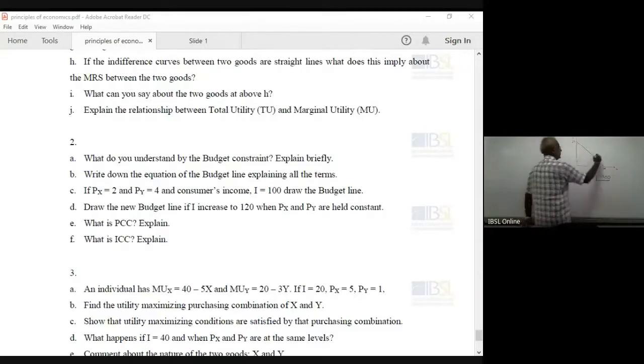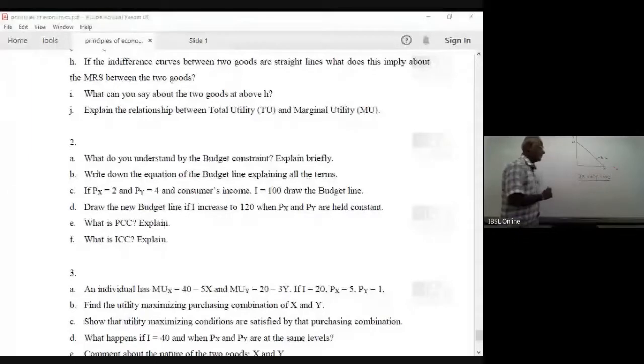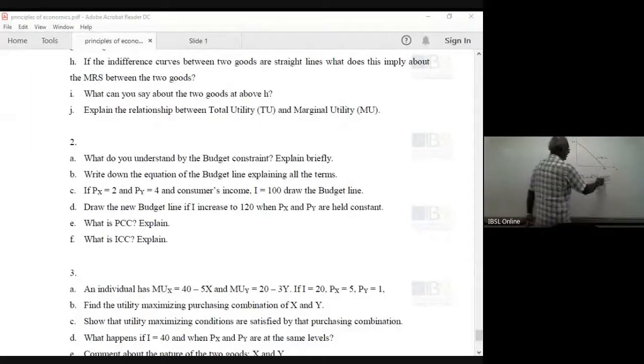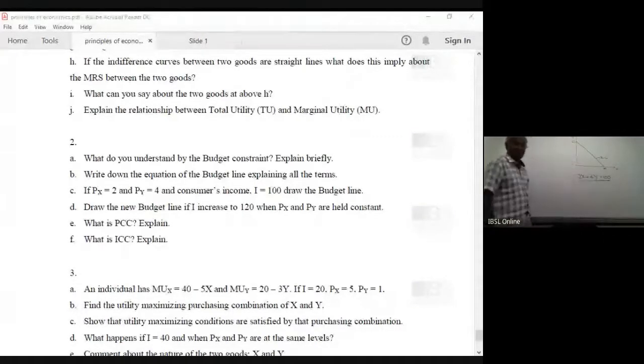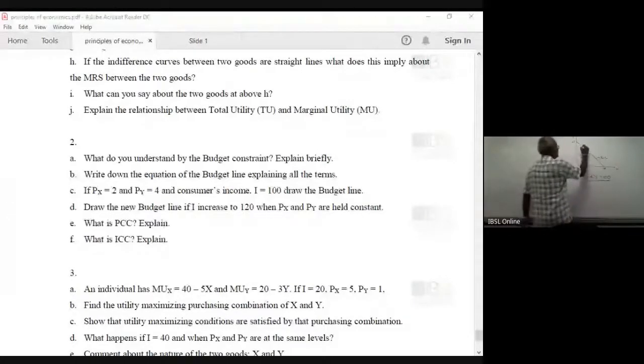That is the budget constraint. And in between you have the combinations.